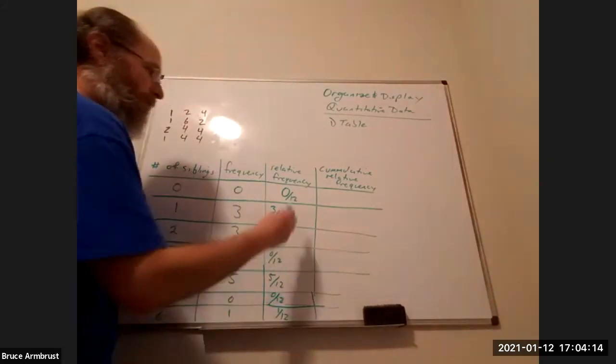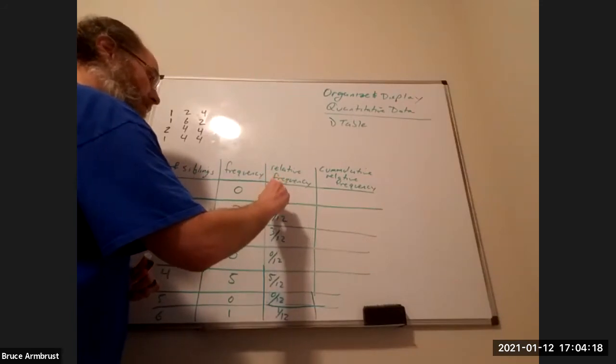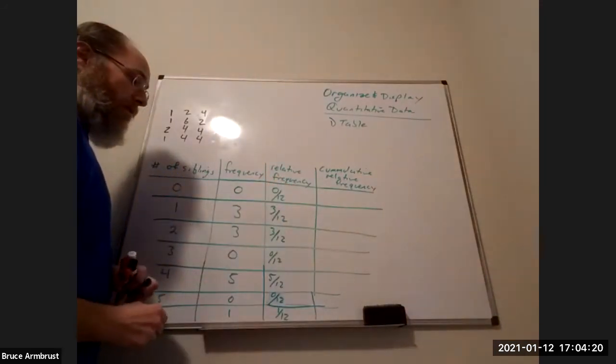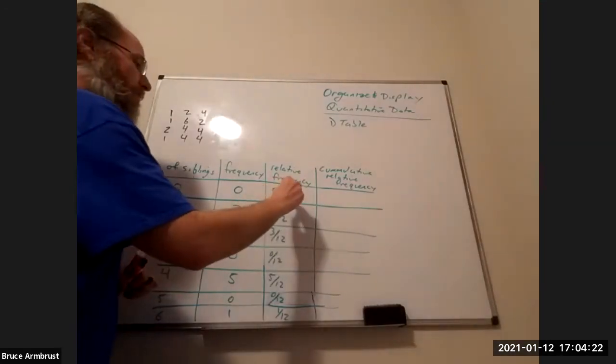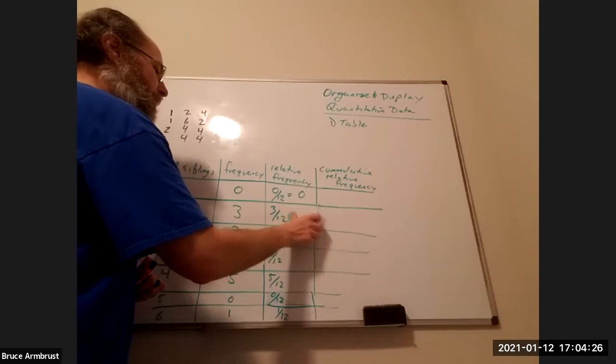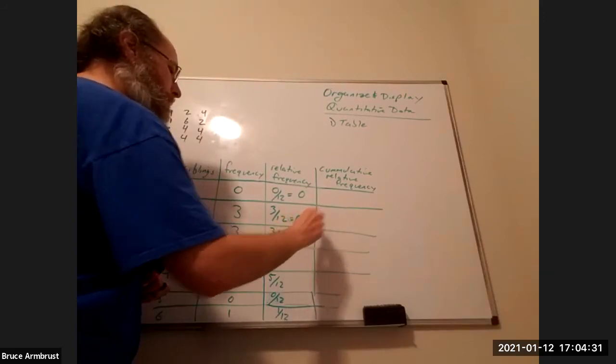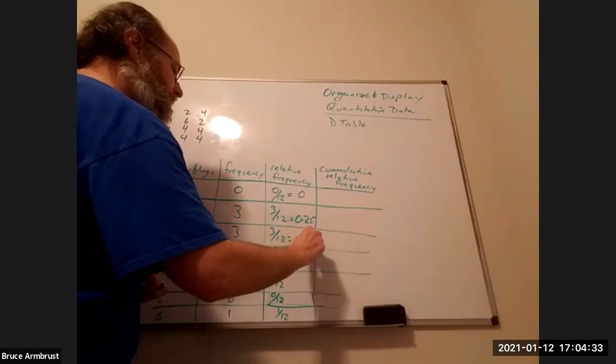But you also will often see these as decimals. So 0 out of 12, that's 0. 3 out of 12 is 1/4, so that's 0.25. So this is also 0.25.